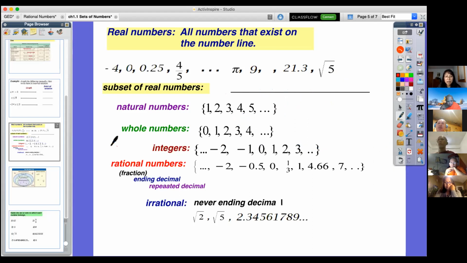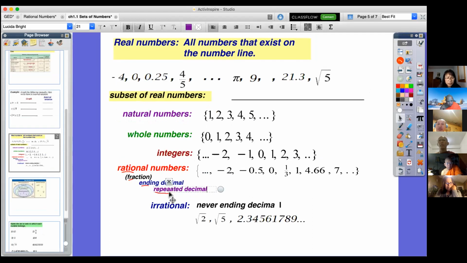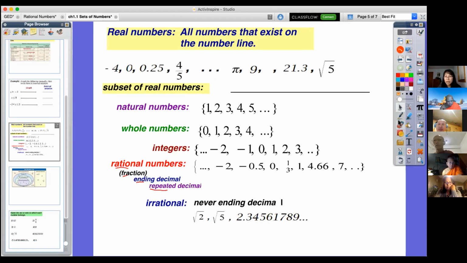And we just got done talking about rational. Rational is a fraction, or a terminated decimal, another word for terminate is end, or a repeated decimal. What they mean by repeated is like 6, 6, 6, 6, 6. All of these are examples of rational numbers. Like -2 is rational because I can put it over 1. 0.5, I can rewrite as 1/2.